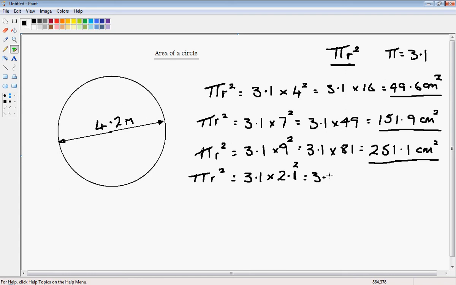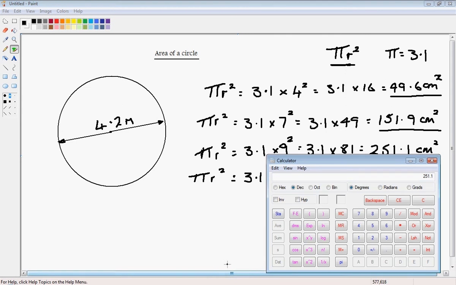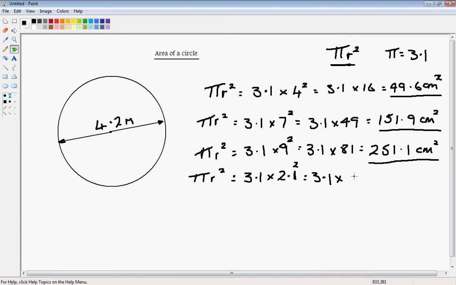So we get 3.1 multiplied by, now I don't know what 2.1 squared is, so 2.1 multiplied by 2.1, because that's all 2.1 squared is, so we get 4.41.